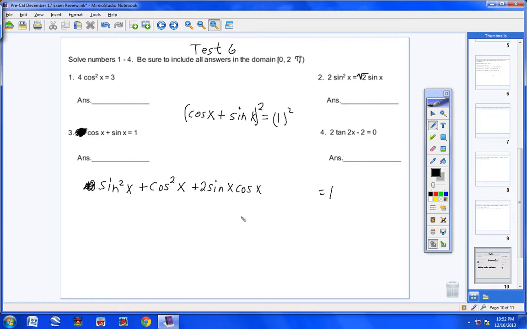So if I could move that sine squared over to here and then put equals 1, just erase this.